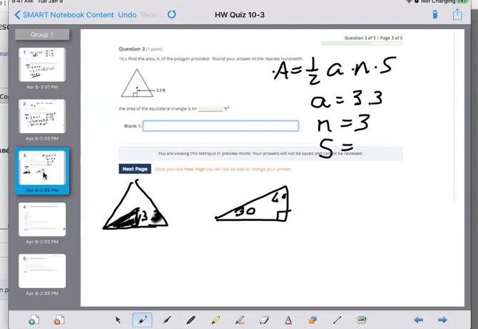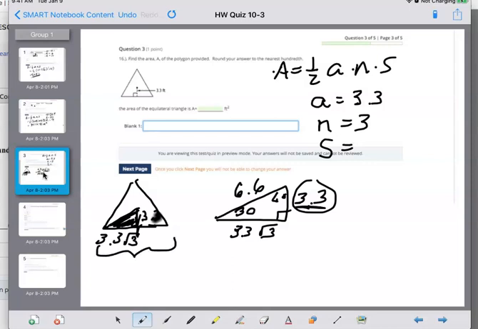Half an equilateral triangle is 30, so there are 2 of them here. We know this is 3.3. According to our rules, if I take the short side times 2, it's 6.6. If I take the short side times the square root of 3, I get 3.3 square root of 3. But that is only half of this side. This whole side is 6.6 square root of 3. So that's where that information is from.